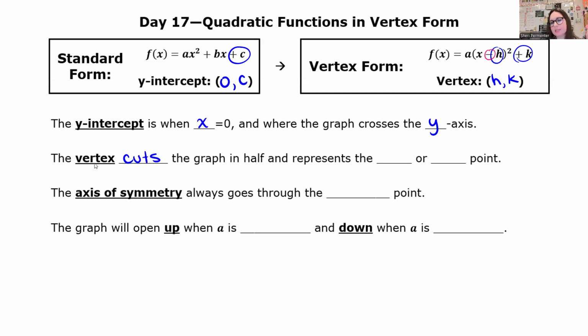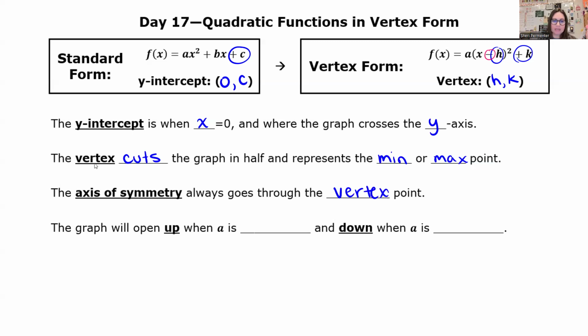And it represents the minimum or maximum point. The axis of symmetry always goes through the vertex point. These should be reviewed because you should have learned all of this stuff in Algebra 1, so it should feel tingly in your brain because this is all a review.